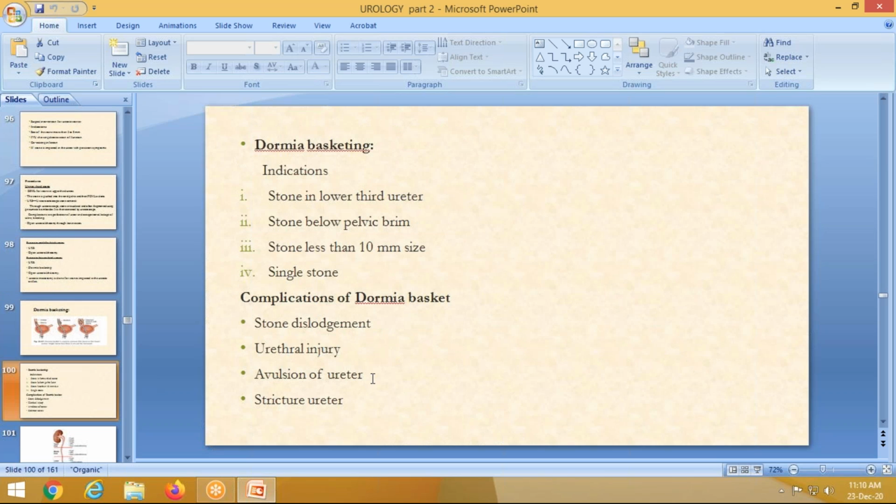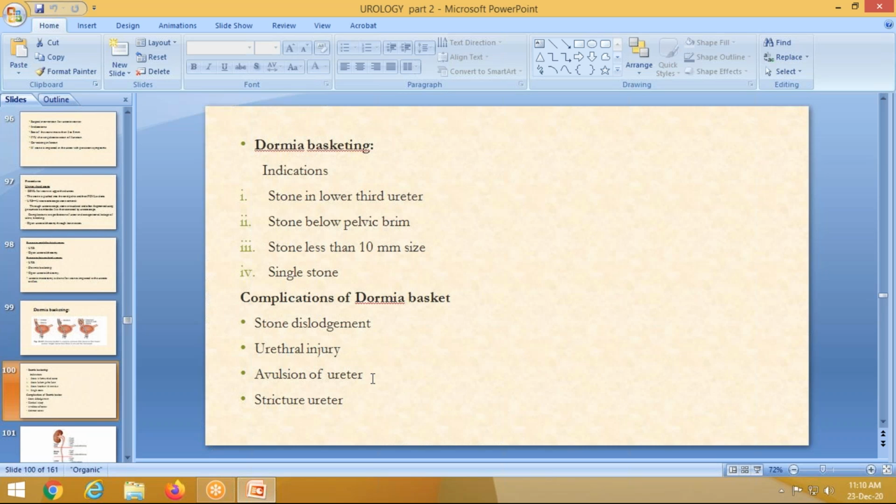While you are introducing it, you may injure the urethral membrane, so the patient may develop hematuria. Sometimes there is avulsion of the ureter, where a complete through and through cut can occur by using force with the Dormia basketing device.